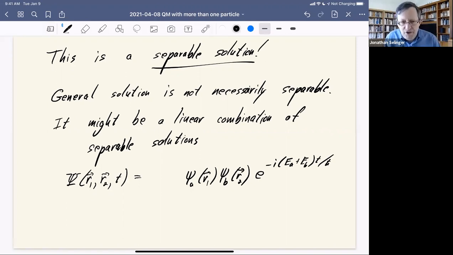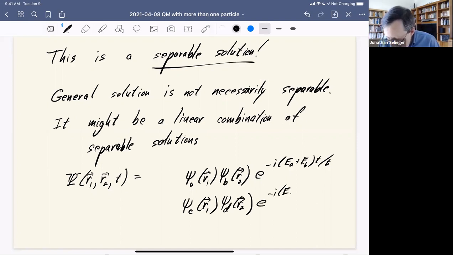This is the separable solution where particle 1 is in state A and particle 2 is in state B. But we might also get some mixture of particle 1 in state C and particle 2 in state D. And then the time-dependent factor would be e to the minus i (EC plus ED) t over h bar.